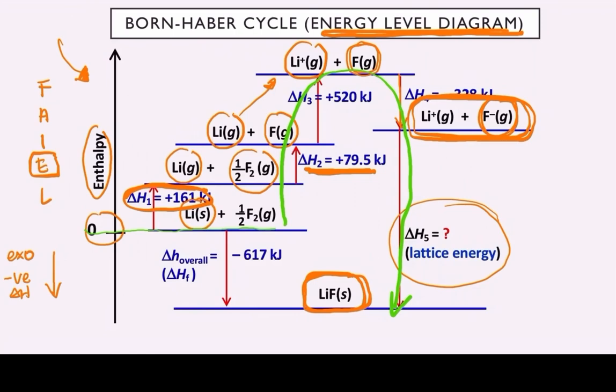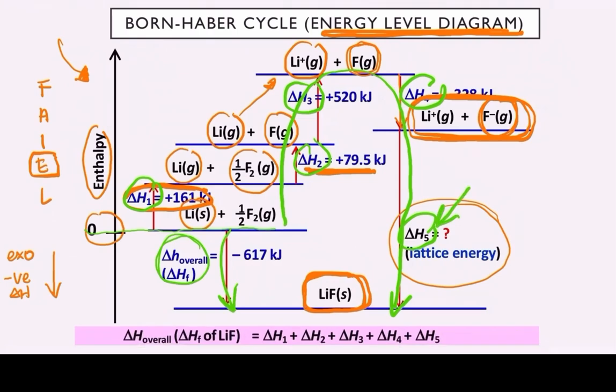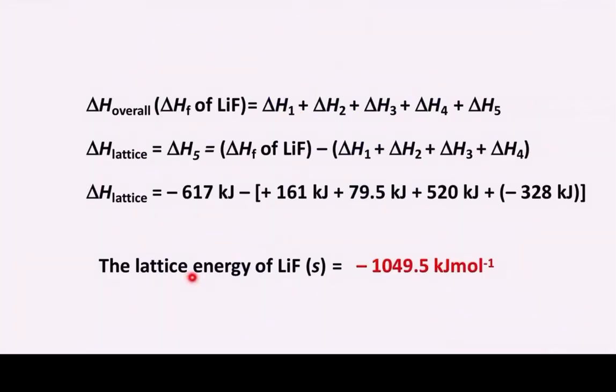So campur semua delta H ni, delta H1, delta H2, delta H3, delta H4 and delta H5 equals to yang anti-clockwise, which is this one. That is your enthalpy of formation, your delta H overall. Okay, so and then do that and then rearrange to find your delta H5. Okay, you can rearrange, okay, to find your delta H lattice, right?